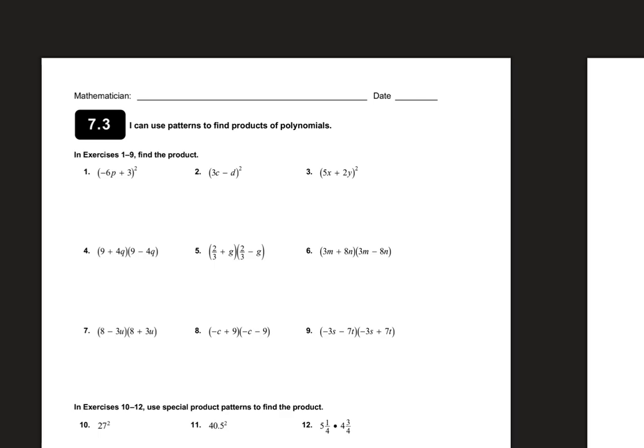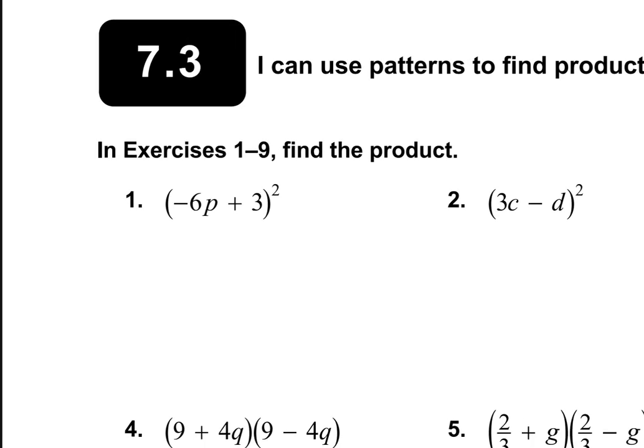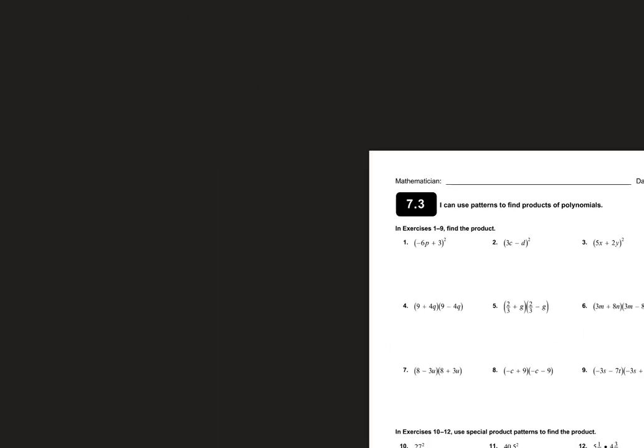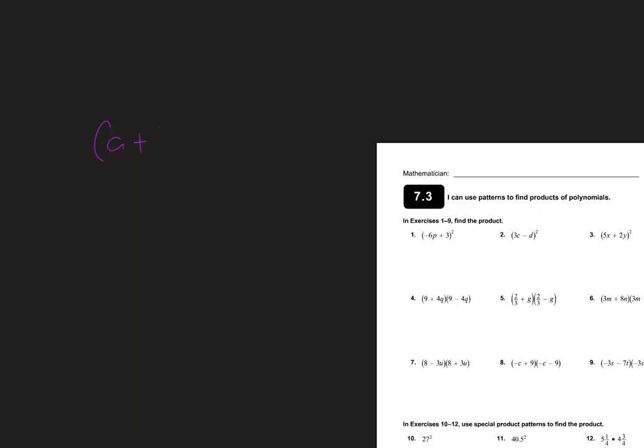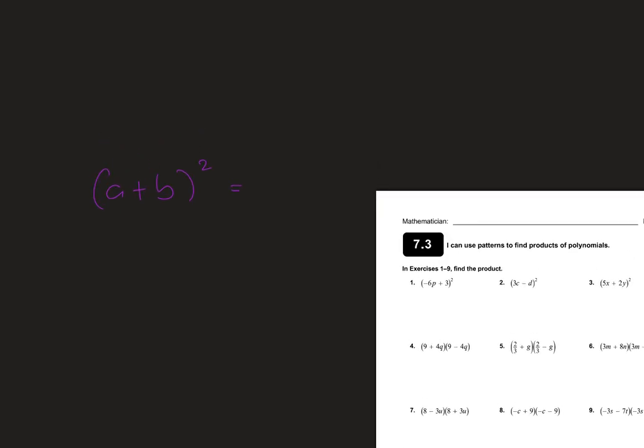Alrighty, we're going to use patterns to find products of polynomials. So it's going to be stuff like (a + b) squared. And there's a pattern to this. I guess you could call it a pattern. If you were to write this out, what you really get is (a + b) times (a + b), right?